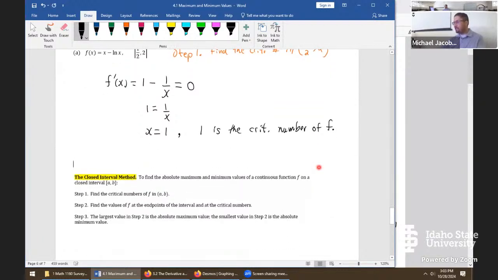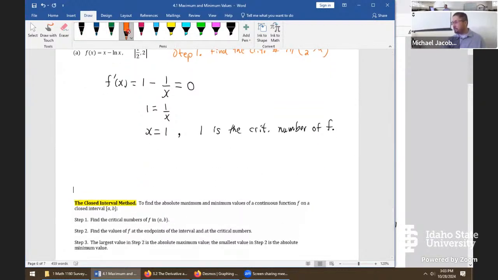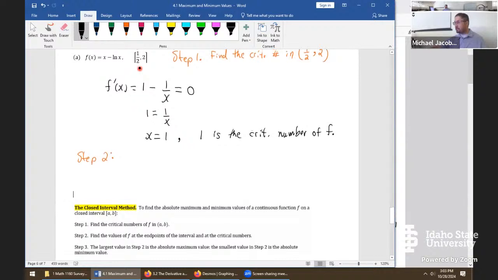Okay, let's make that happen. So now step 2 is to do this. Find the values of f at the endpoints. So it's again referring to 1/2 and 2. So we need to calculate f at 1/2, f at 2.